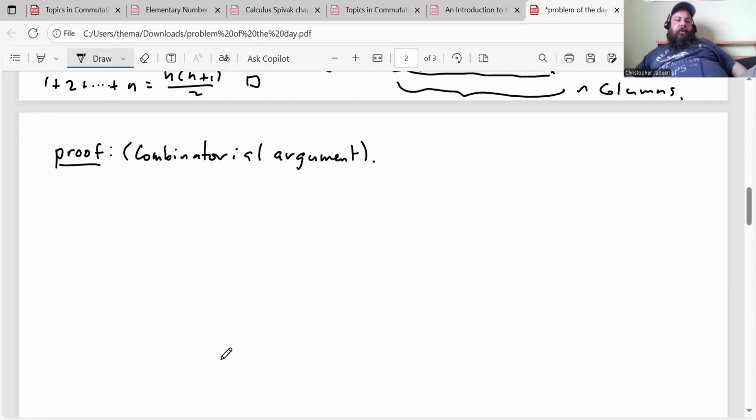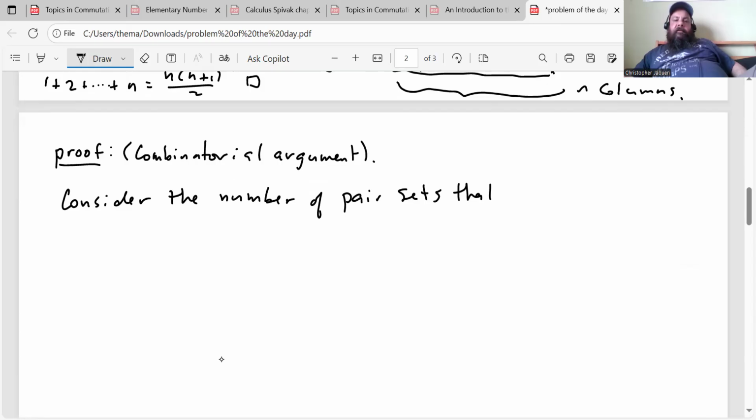So what we can do is consider the number of pair sets that can be formed from a set of cardinality n plus 1.